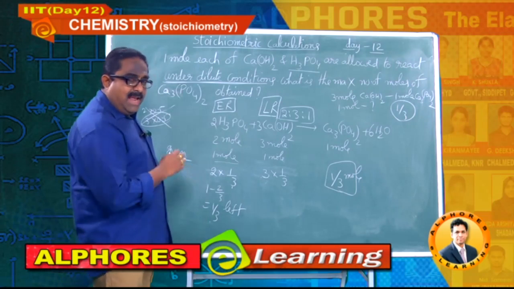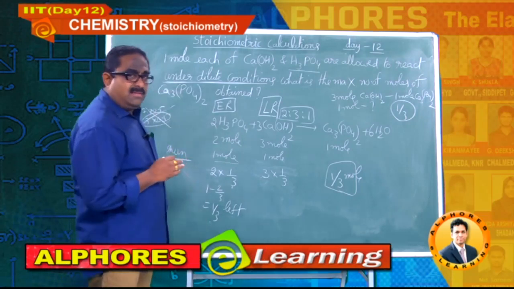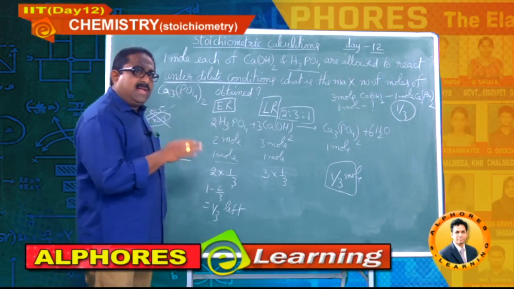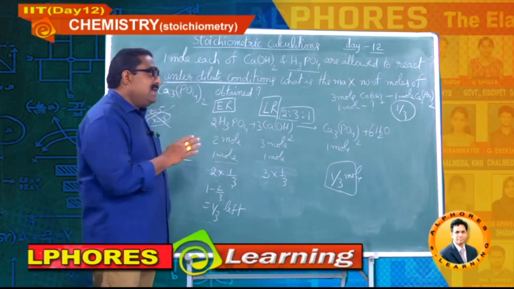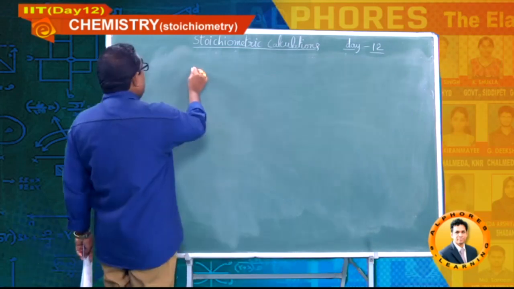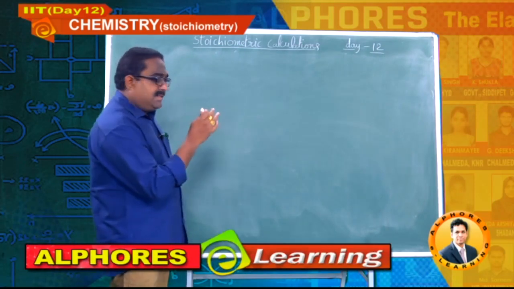Then for the same question, I have already told you I am going to give you a technique. The moment you see the question, based on the technique you can fix the limiting reagent, then you can easily calculate. Okay, students, please note it down. I am discussing the same question with that technique.